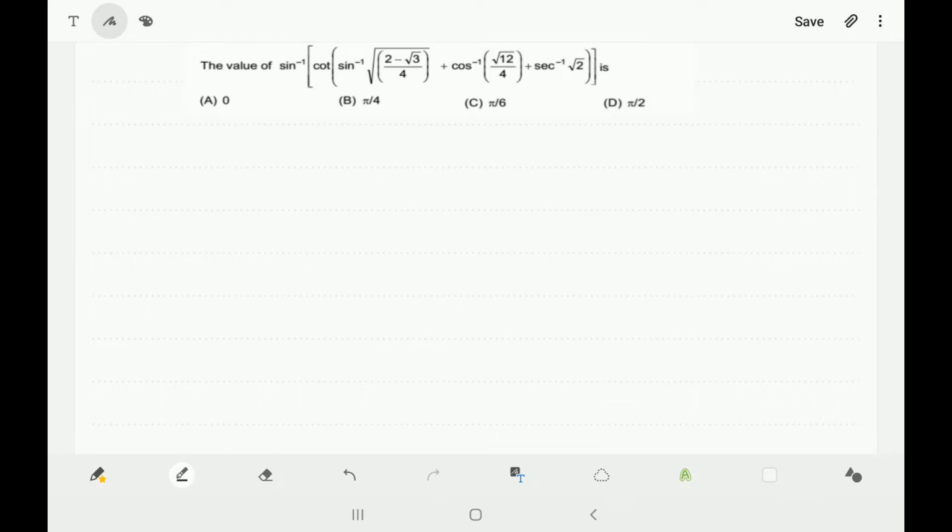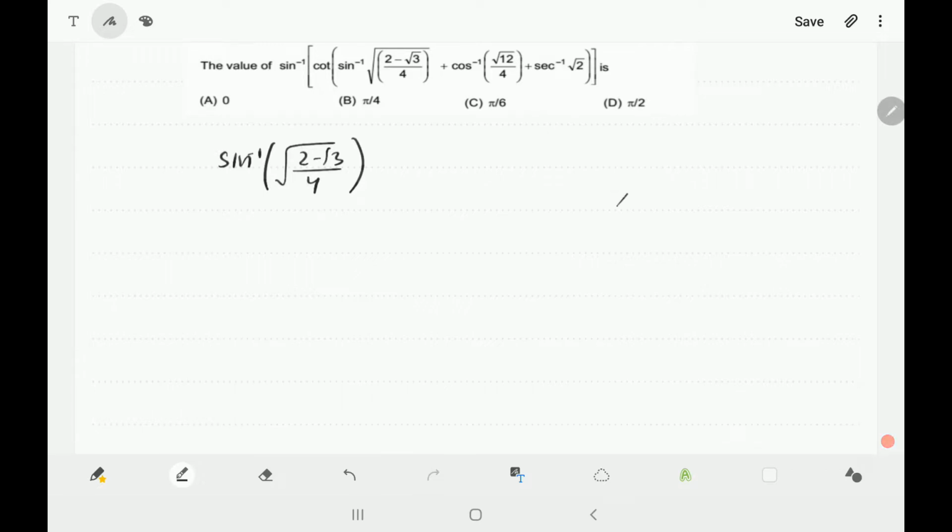We have to find the value of this expression, which is sin inverse cot of sin inverse under root of 2 minus root 3 by 4 plus cos inverse root 12 by 4 plus secant inverse of root 2. Okay, so let's first try to find the value of individual terms, which is 2 minus root 3 divided by 4. Let's simplify this and convert it into tan inverse, because right now we don't know the value in terms of sin inverse, but if we convert into tan inverse, we might know the value of this term.